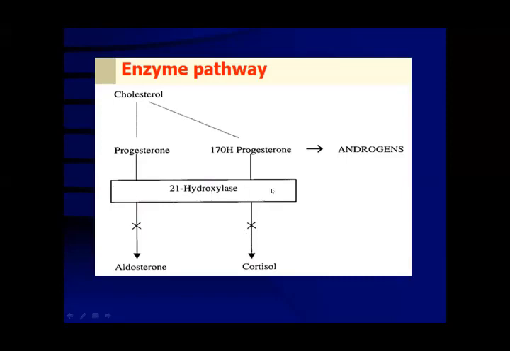When this is blocked, this end product will rise in the body, and when this is raised, androgenic action will be enhanced. You got my point? This enzymatic pathway is very important and you can easily memorize which hormone rises when 21 hydroxylase is stopped. Cortisol and aldosterone will be low. Progesterone and 17 hydroxyprogesterone will be high and androgenic action will be high.